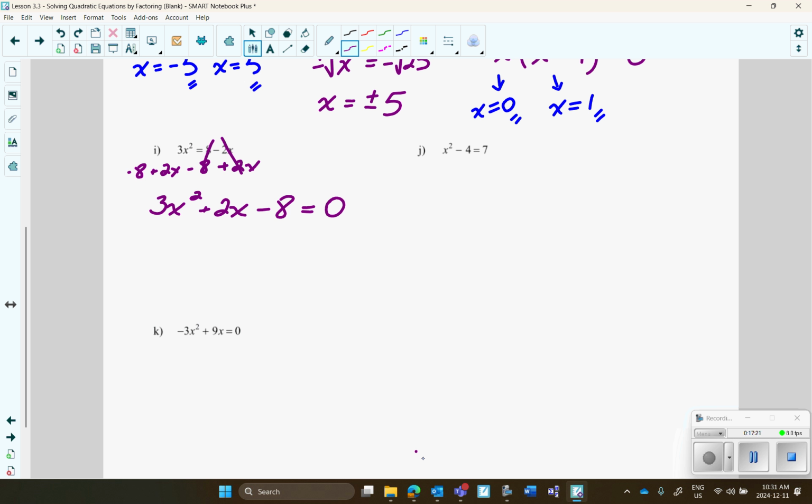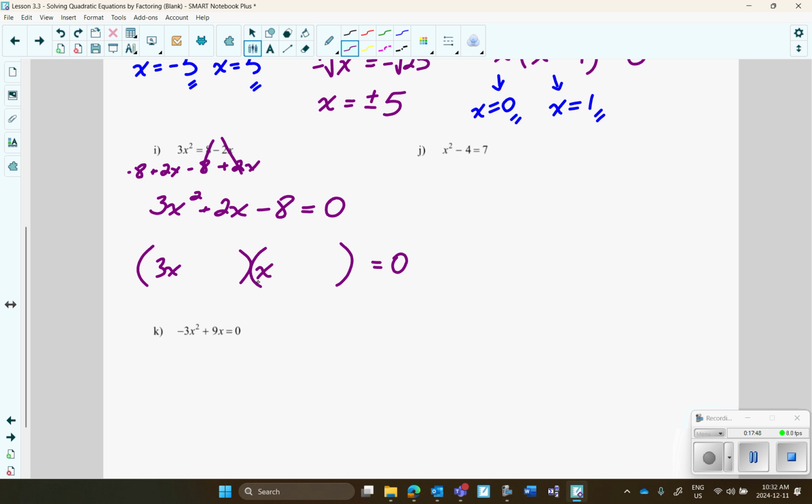And now we're ready to factor. Ax squared trinomial. First terms, 3x and x. The numbers, there's choices here, because it could be 4 and 2, 2 and 4, plus minus, minus plus, or it could be 8, 1, 1, 8.